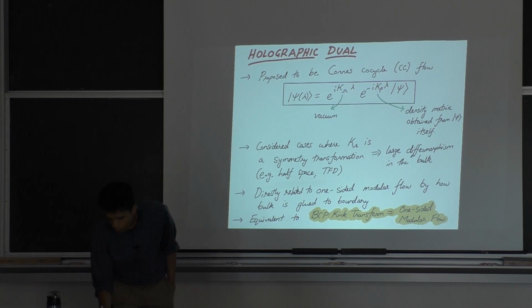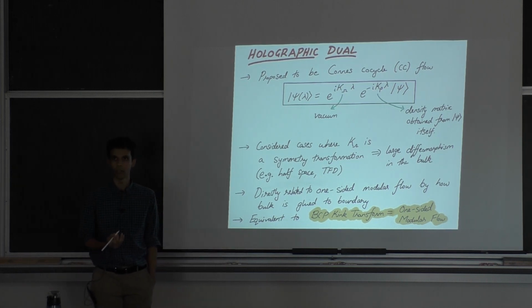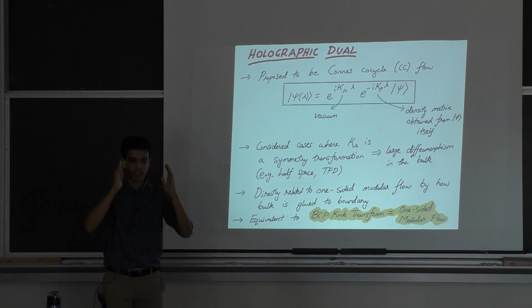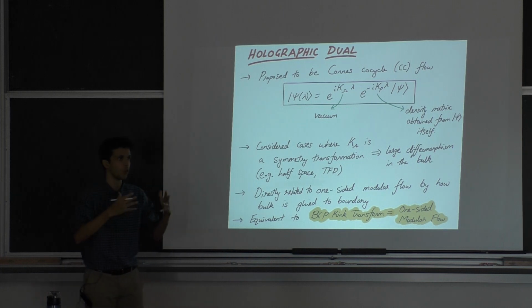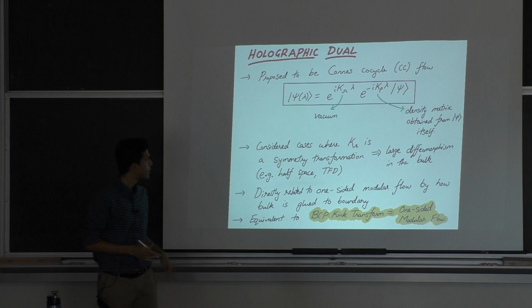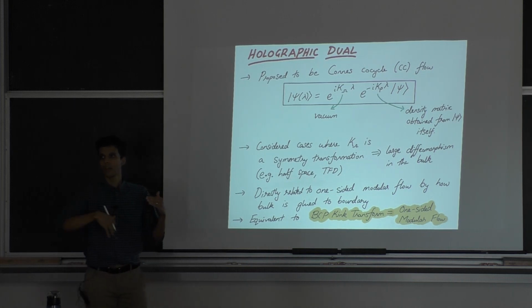And then you reverse flow by the vacuum modular Hamiltonian. The cases that we considered in that paper relied on situations where the vacuum modular Hamiltonian was local, so it had a nice local action. It was just a symmetry transformation. For example, in half space in Minkowski, we know that the vacuum modular Hamiltonian is just a boost generator.